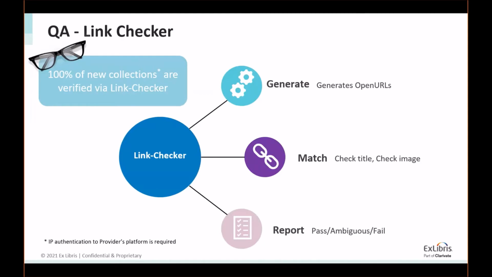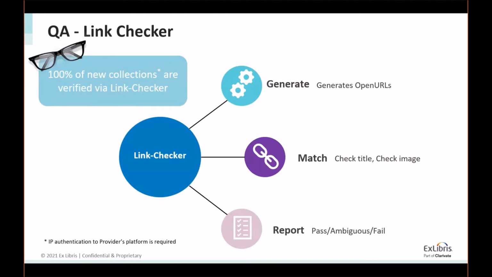Then we receive a report that is being automatically sent to us at the end of the run, and the report indicates if the link passes, fails, or is ambiguous. And based on this report, the process either loads the data into the KBs automatically if everything goes smoothly, or it puts the load on hold, pending the operations team to manually check and fix the data and approve the content for release.